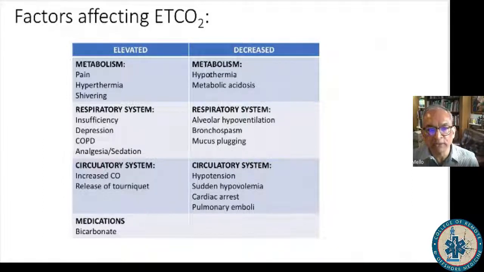Metabolic acidosis, where you get a compensatory respiratory alkalosis, or if there's dysfunction of the respiratory system, either by alveolar hyperventilation, bronchospasm, or mucus plugging, or in a circulatory system with hypotension, sudden hypovolemia like an aortic aneurysm rupture, cardiac arrest, or pulmonary emboli, which will also be very sudden.